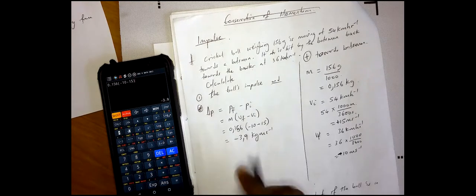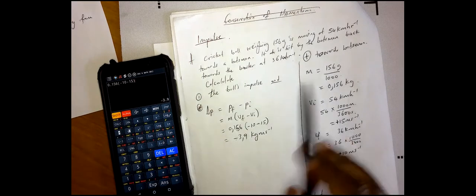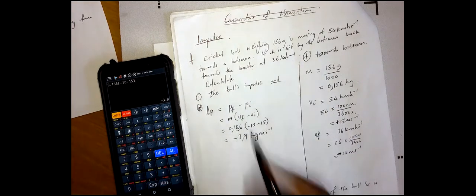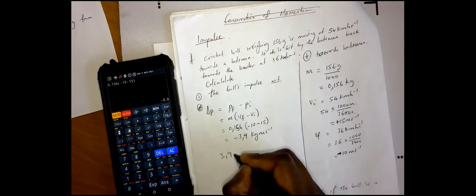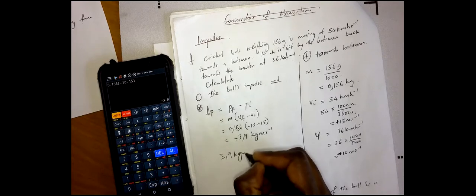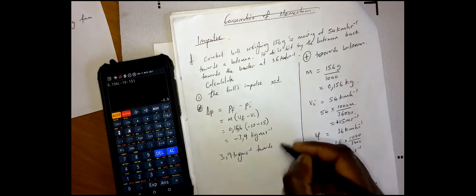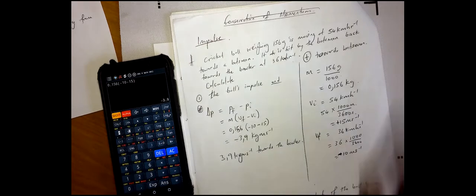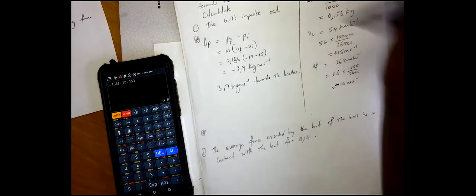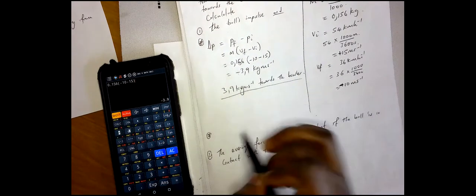But now look, we've got a negative here, so it means it's moving towards the bowler. So we're going to say the change in momentum here is positive 3.9 kg meters per second towards the bowler. That's our answer in terms of momentum.